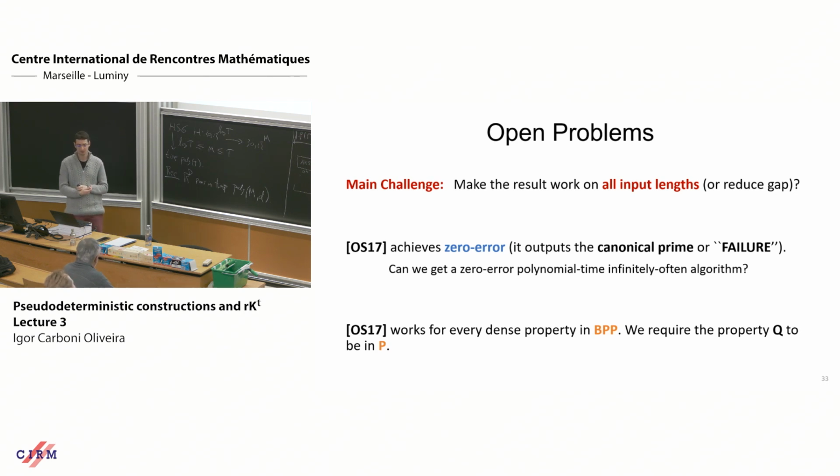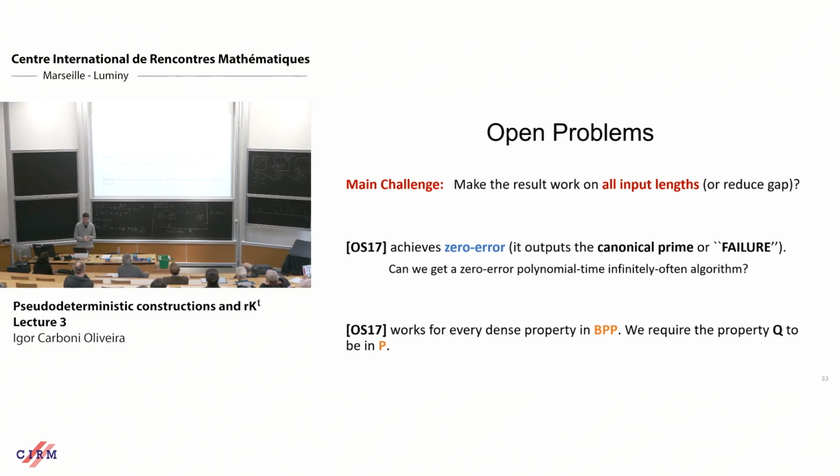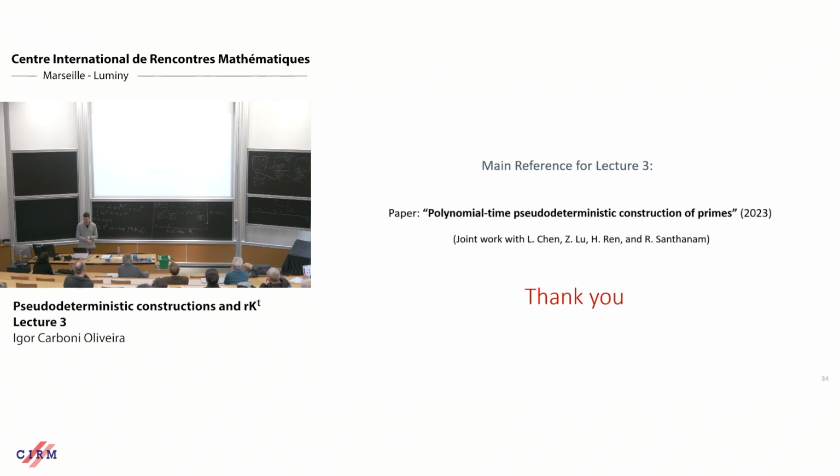So it's a non-black-box construction. And this is thanks to the Chen-Tell generator, how it's constructed using Q. Okay, so the main reference is this paper from last year, and thank you.